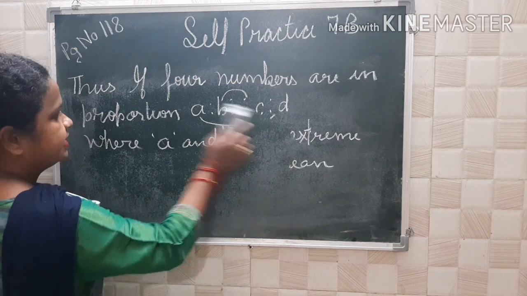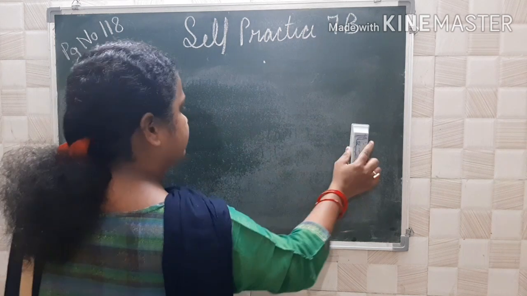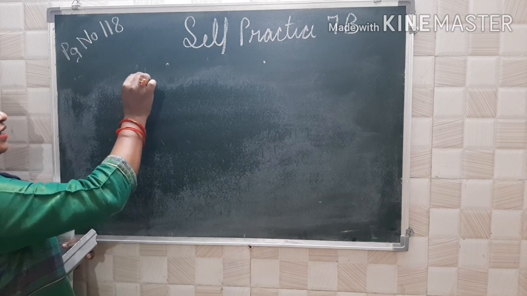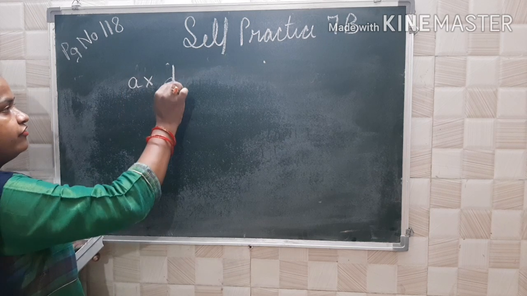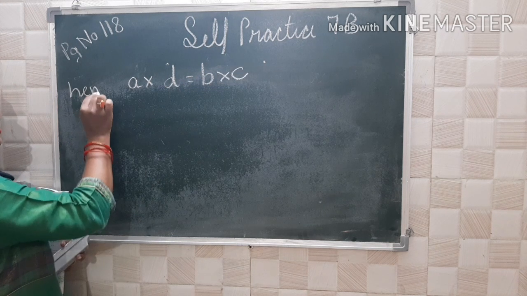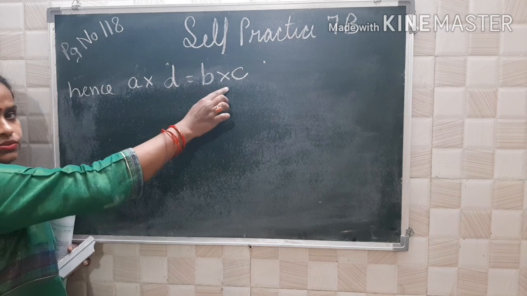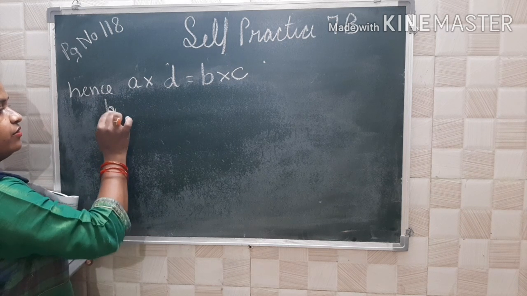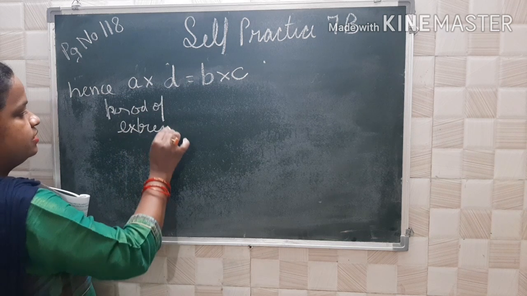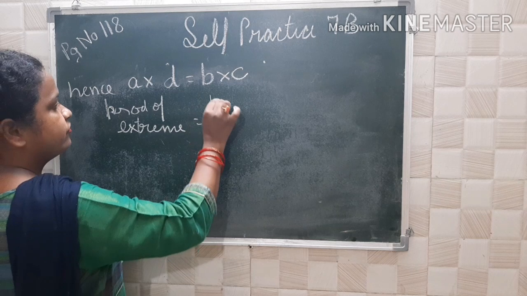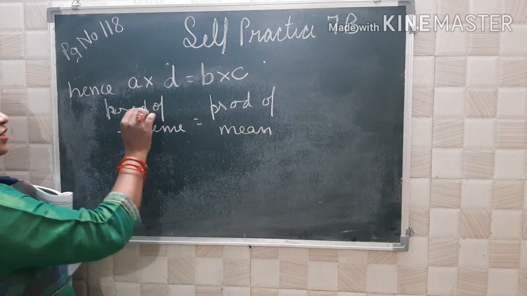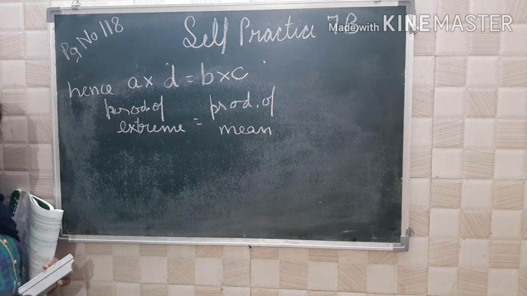So what do we say after it? It means that A into D will be equal to B into C. Hence A into D is equal to B into C, meaning the product of extremes is equal to the product of means.